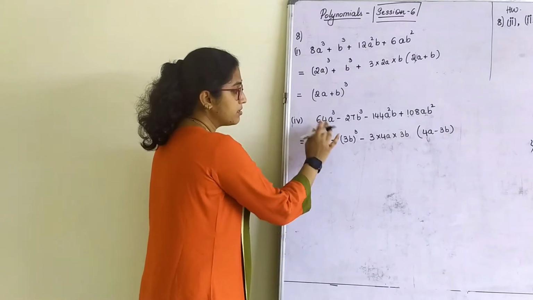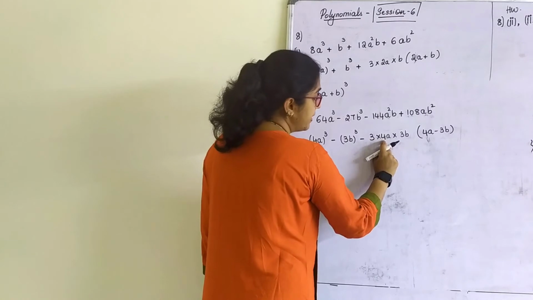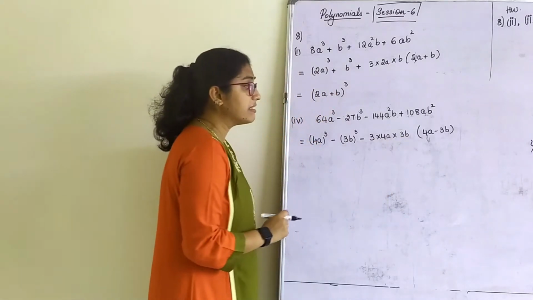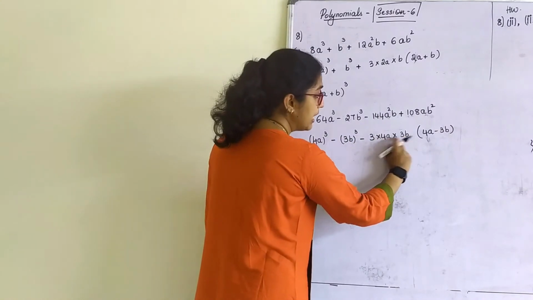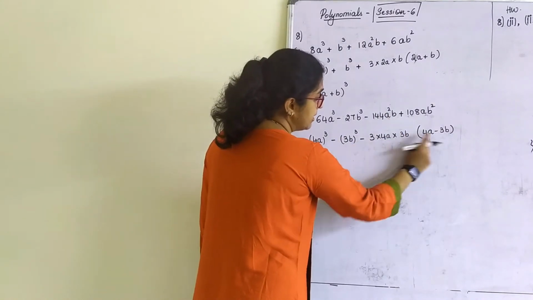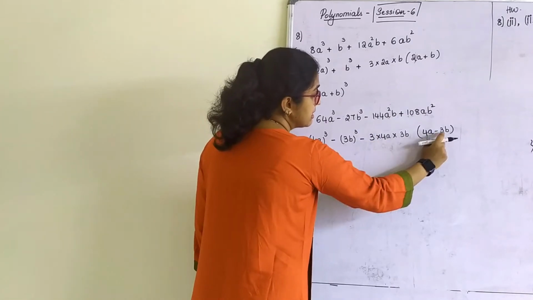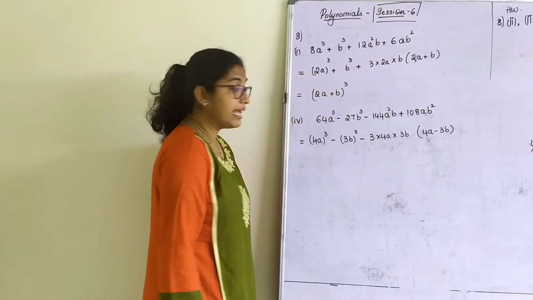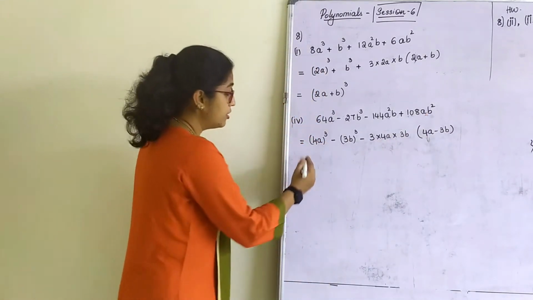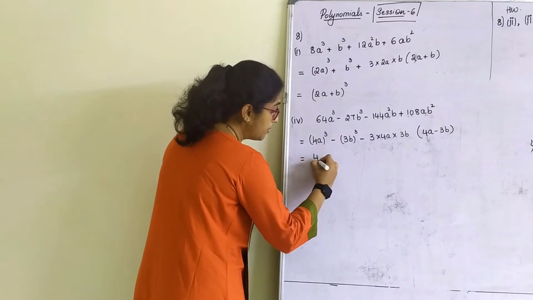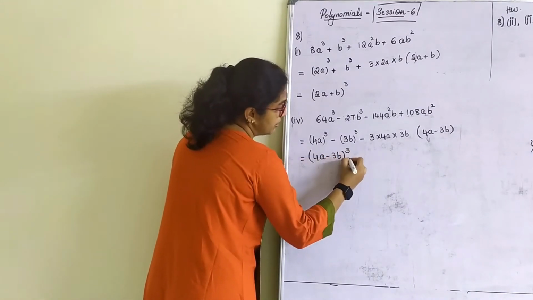So 4a cube is 64a cube, 3b cube is 27b cube, 3 fours are 12, 12 threes are 36, 36 fours you get 144a square b. Minus minus plus: 3 fours are 12, 12 threes are 36, 36 threes you get 108ab square. That means it is right. So this will be of the form 4a minus 3b whole cube.